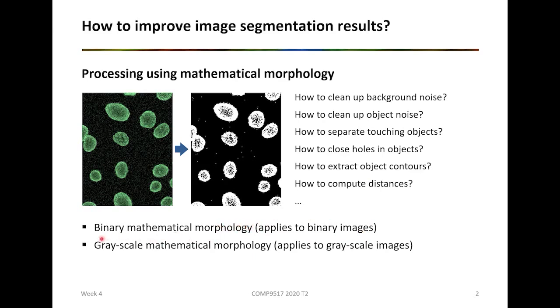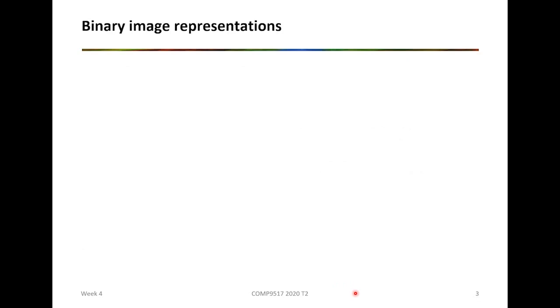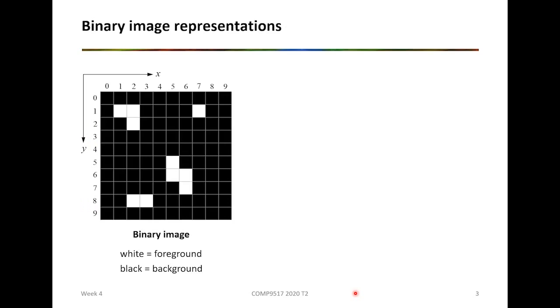And the other branch is grayscale mathematical morphology, which applies to grayscale images and is usually applied as a pre-processing step to make segmentation easier. Both types of operations, binary and grayscale mathematical morphology operators, are nonlinear image processing techniques based on set theory rather than calculus. So we're going to have to talk a little bit about set theory and representing images as sets.